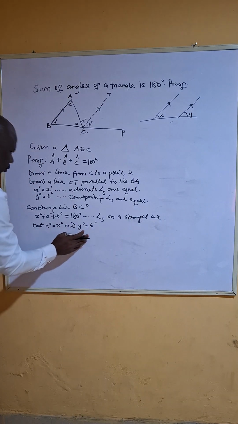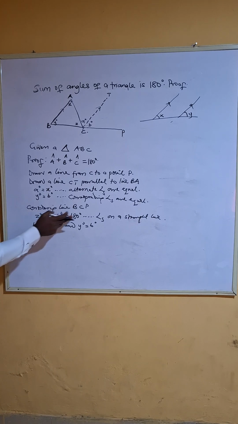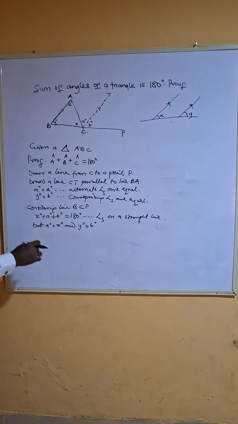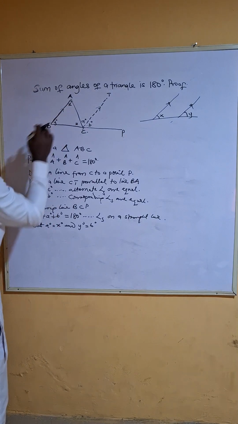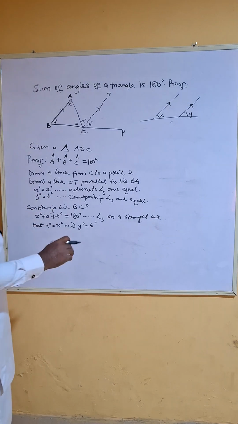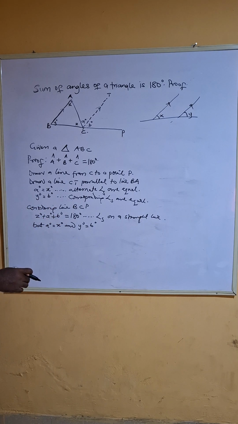Since these are not the angles that we need to prove that the sum of angles of a triangle is 180 degrees. These are what we need: x and y, and then z. So, since we have been able to prove that A degrees is equal to x degrees, y degrees is equal to b degrees, then it is safe to replace A and B with x and y.